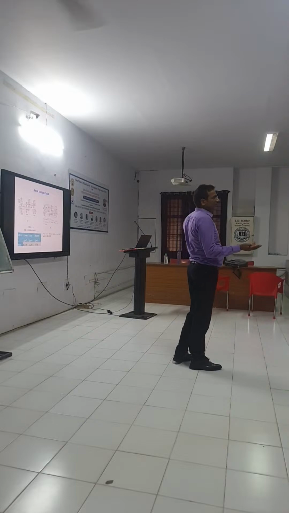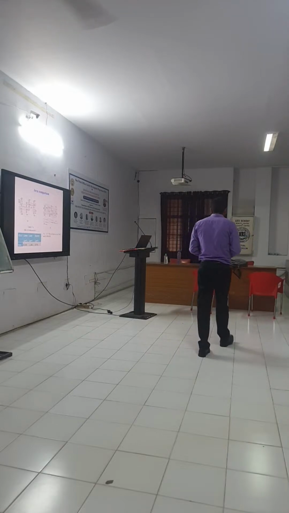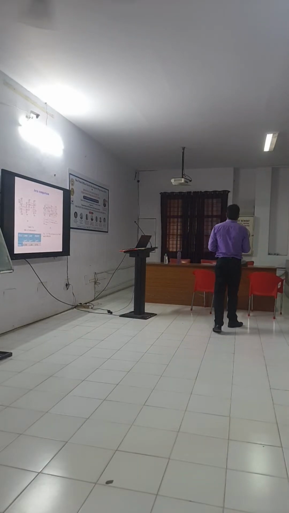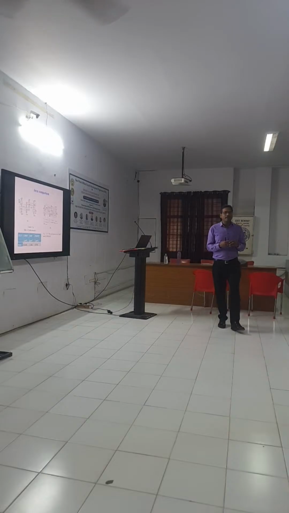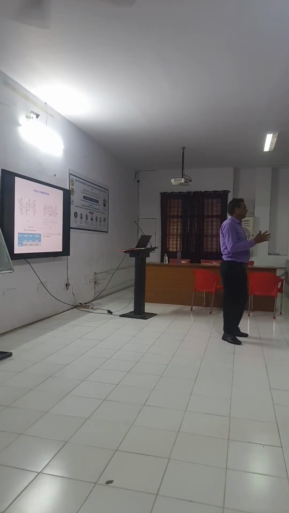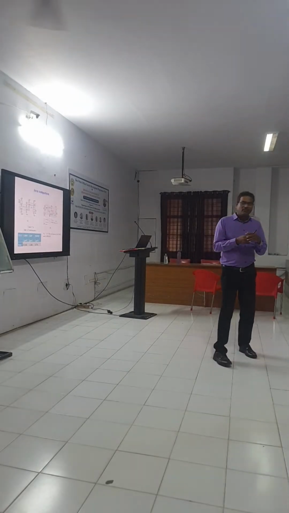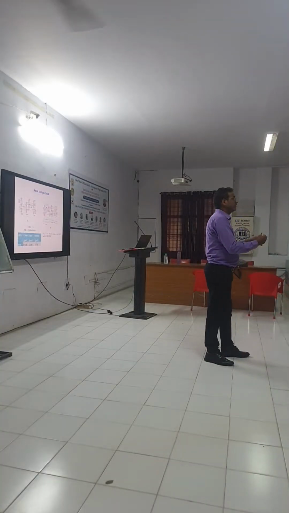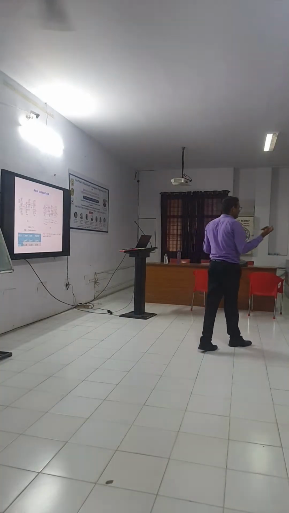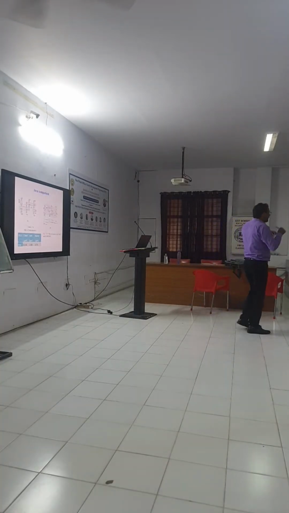How is it possible? In layout, you know, what does the designer do: floor planning, placement, routing. Like some architect can design a very good house, some architect cannot design a good one because they didn't plan properly.